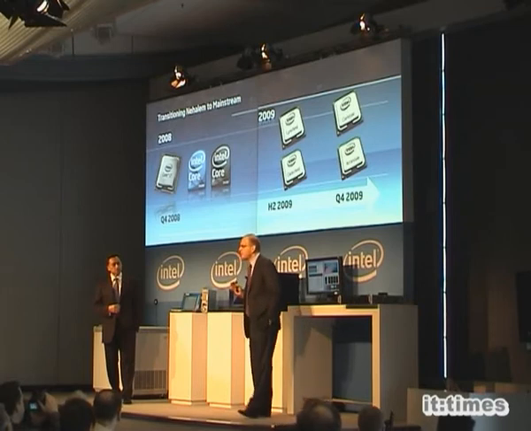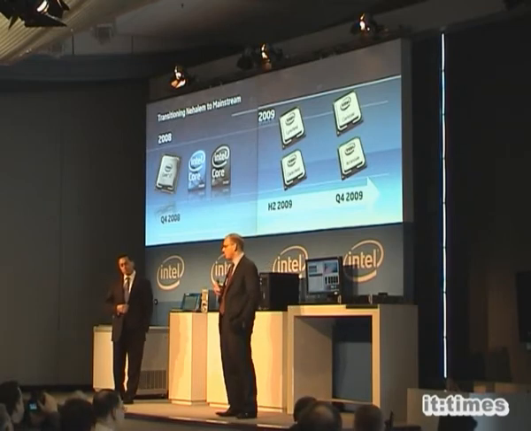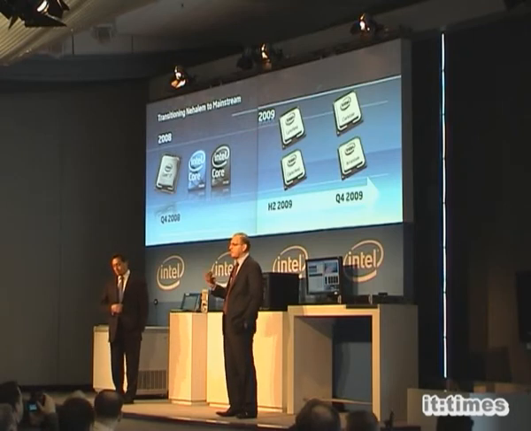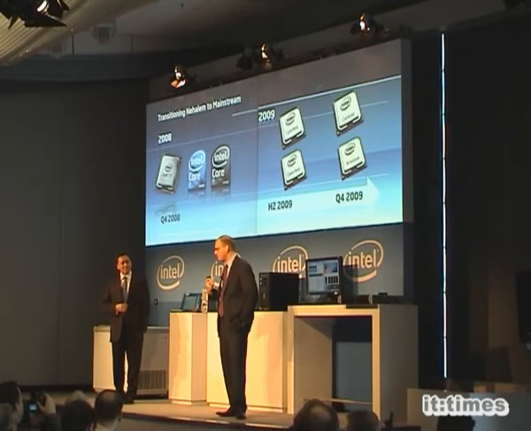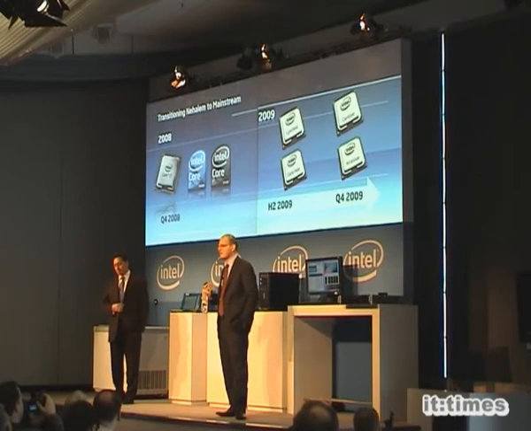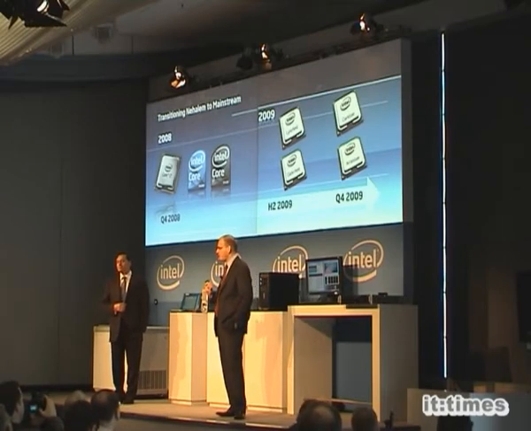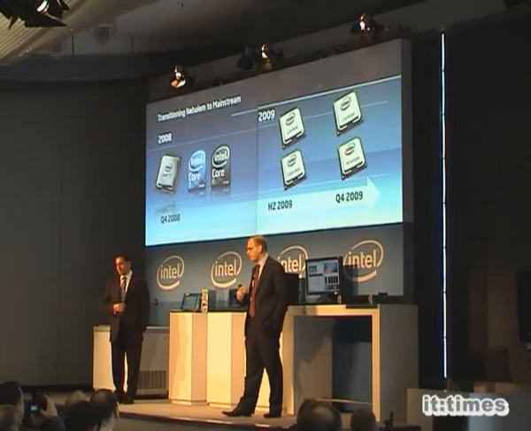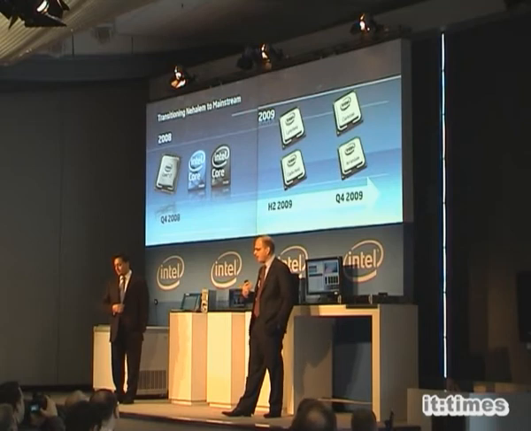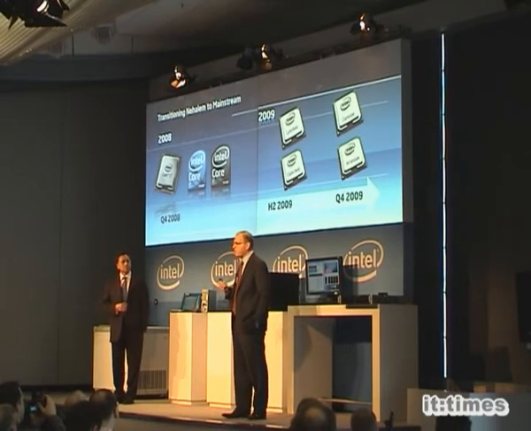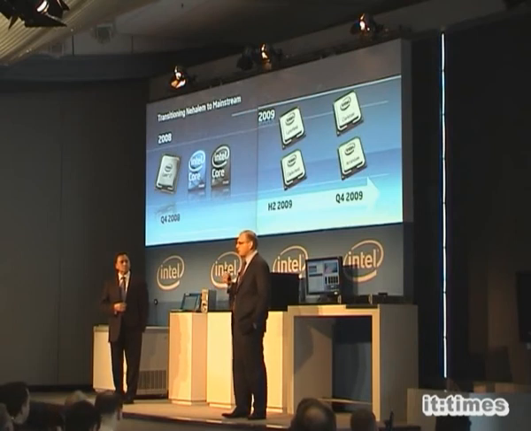We'll begin even before 32 nanometer with some products called Lynnfield and Clarksfield. I apologize for the alphabet soup of code names, but Lynnfield is our desktop quad-core product that fits on a more mainstream platform, and Clarksfield similarly is a mobile version as well. And by the end of this year, we'll be in production on dual-core, quad-thread versions, both for desktop and mobile.